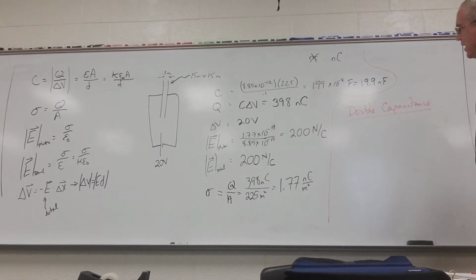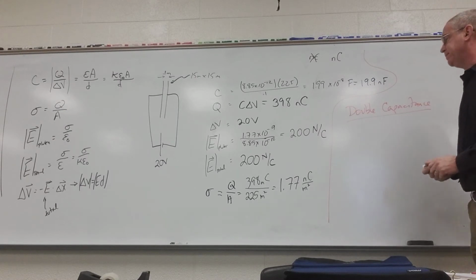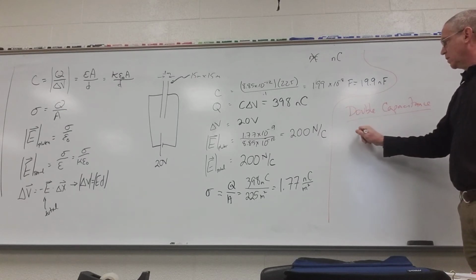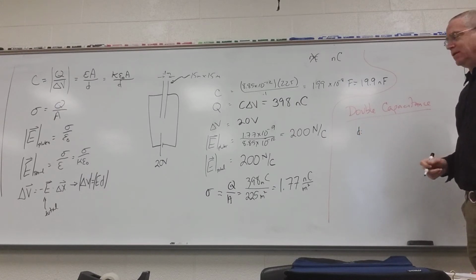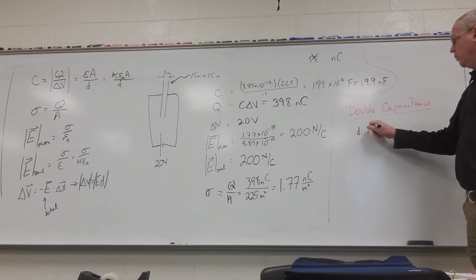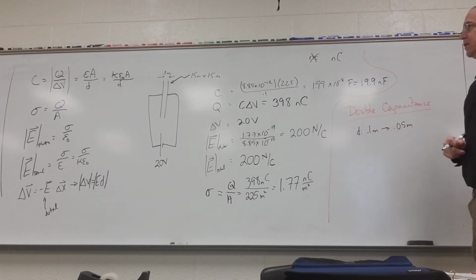What are different ways I can double the capacitance? Decrease the distance between the plates. What do I make the distance? Half of what it was. All right, so the distance from 0.1 meters to 0.05 meters, or 5 centimeters. So I could bring them closer together.